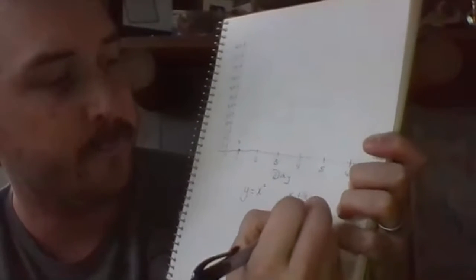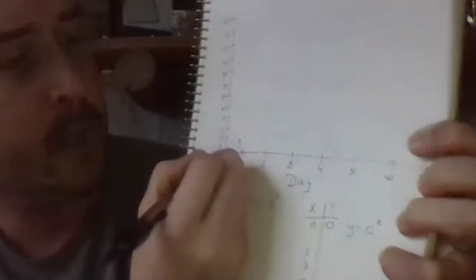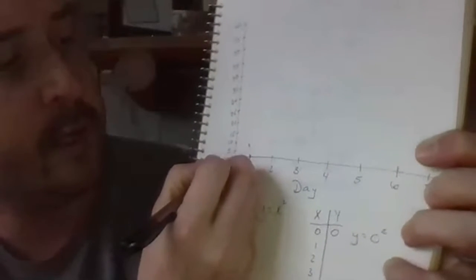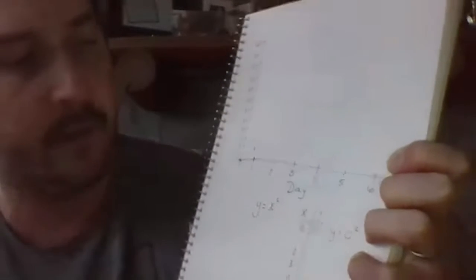All right, so let's say in day 0, y equals 0 to the 2nd power. Well, 0 squared, 0 times 0, that's going to be 0. So I'm just going to have a point here at 0, 0. 0 days have passed, 0 people have been infected.